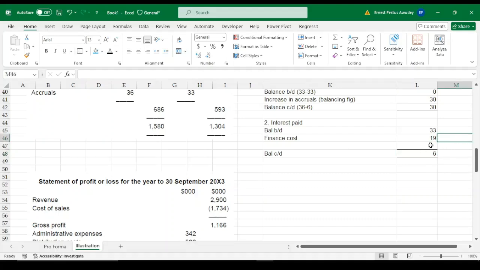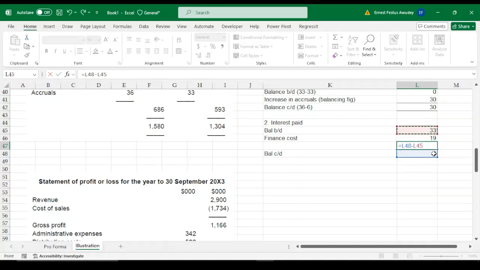And at the beginning of the period, this is how much we had as interest. This is how much we have paid as our finance cost in the statement of profit or loss. So how do we get the missing balance? The balance here is going to be this particular figure minus the addition of these two figures, so I'll have plus this again. This is what we're coming to do.